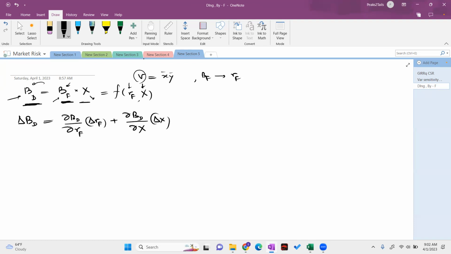So there are two risk factors, RF and X. In the first order Taylor series approximation, we have the first order sensitivity with respect to RF times delta RF, plus the first order sensitivity with respect to X times delta X. I'm ignoring curvature, gamma and cross gamma for now. Now, what is this sensitivity? You have to tell me what is delta BD by delta RF. Let's not go to duration yet. Just look at this equation. I'm doing the derivative of this term with respect to RF. Guys, give me 1 second.